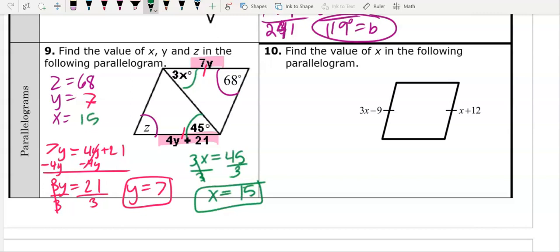Number 10, find the value of x in the following parallelogram. Well, both our sides here have the same marking, so they're already telling us in the picture that both sides are the same or congruent. So we're going to set these equal to each other and solve for x.